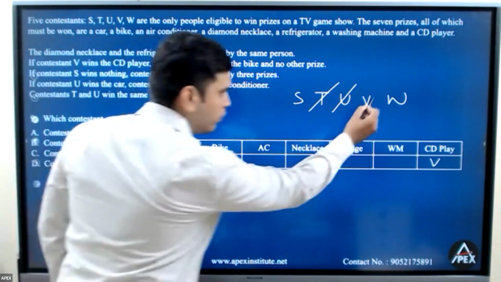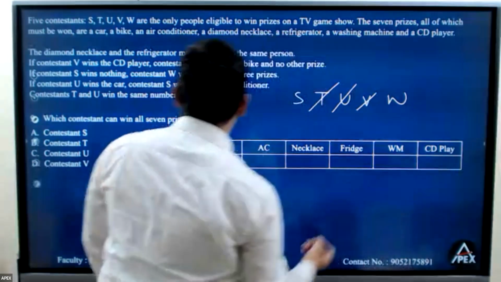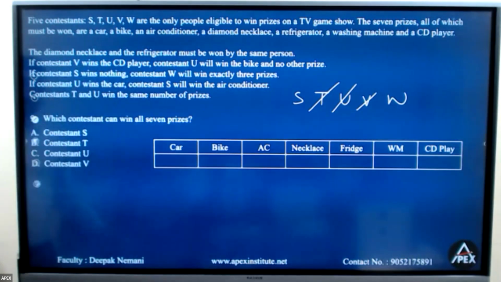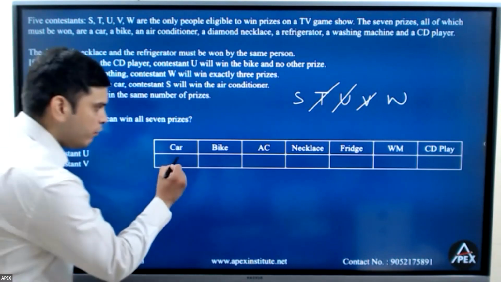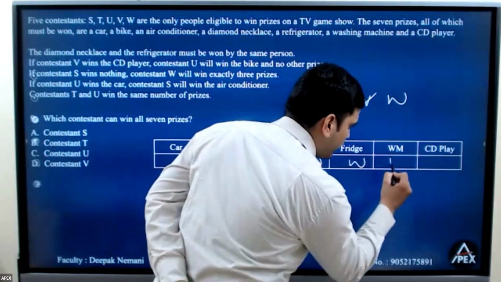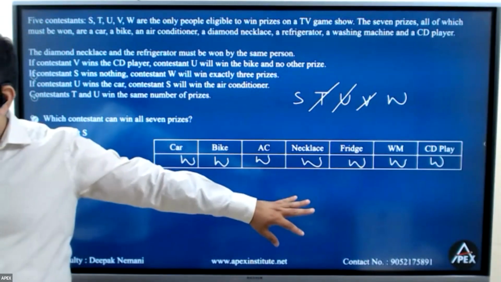So V cannot be. Now between S and W. If S wins nothing, contestant W will win exactly 3 prizes. Now if we have W winning all the 7 prizes, and S did not win anything.